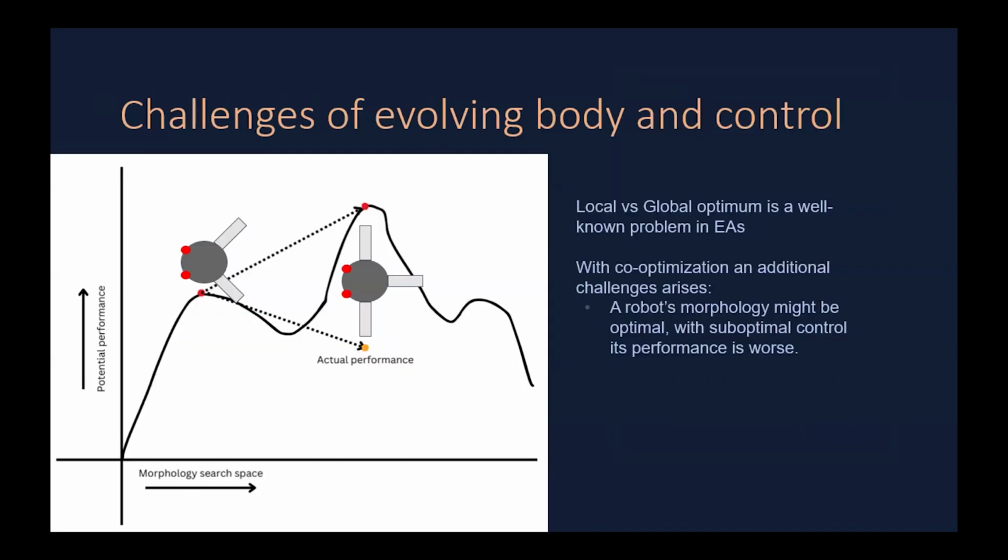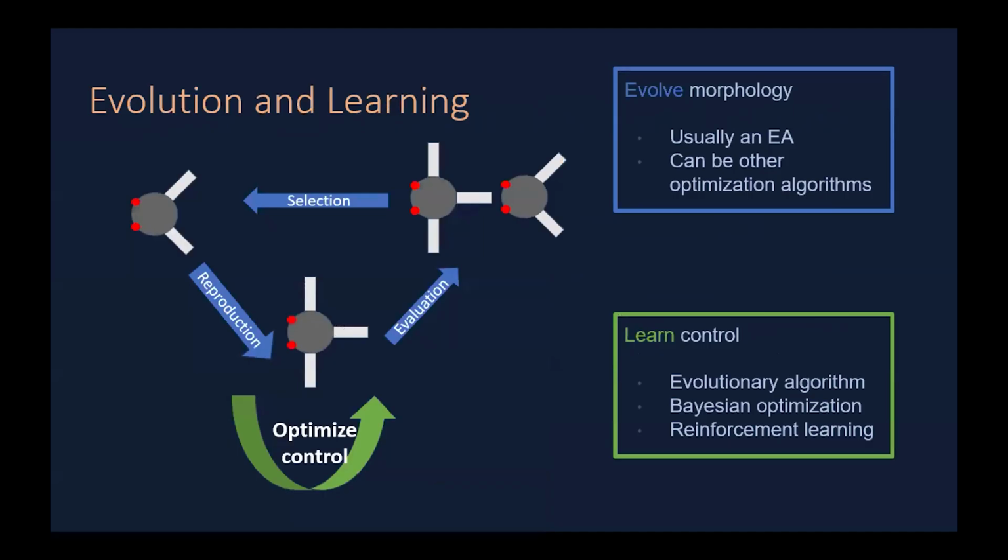And now I hope this clears up the main challenge of evolving body and control together. I will go into ways to try to deal with this. One of them, which Kiran previously mentioned, is to separate the optimization of the two parts. So we still have an evolutionary algorithm evolving the morphology. This is usually an evolutionary algorithm, but it can be any other optimization algorithm.